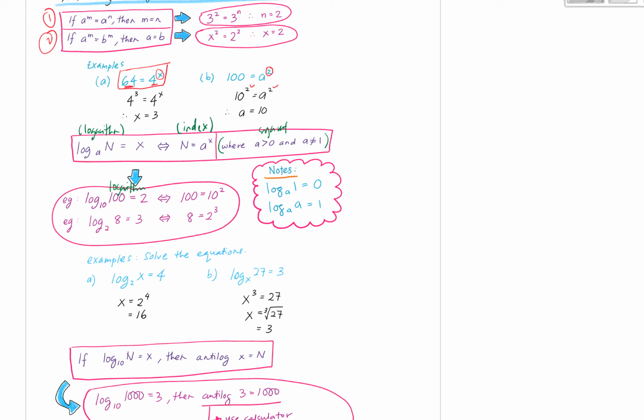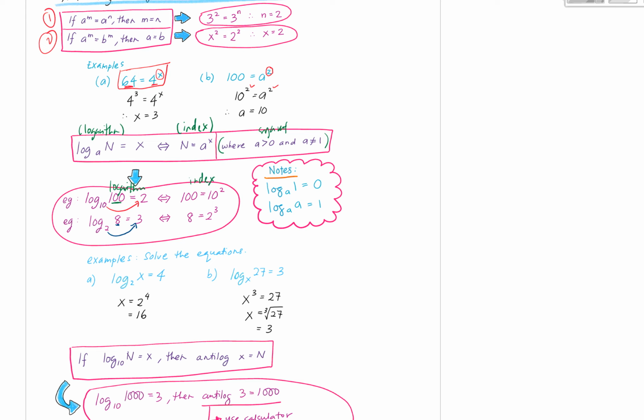Bila nak tukar kepada bentuk indices, you kekalkan 100 ni, 10 ni jadikan base dia. So 100 equals to 10 power of 2. Sama juga, kalau you diberi log 2 8 equals to 3, 8 ni you kekalkan, 2 ni sahaja you gerakkan jadikan 2 kuasa 3. So ini dalam bentuk index.